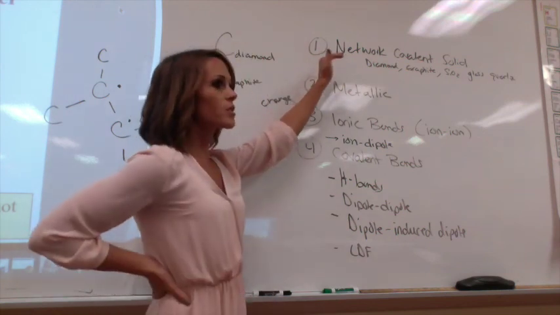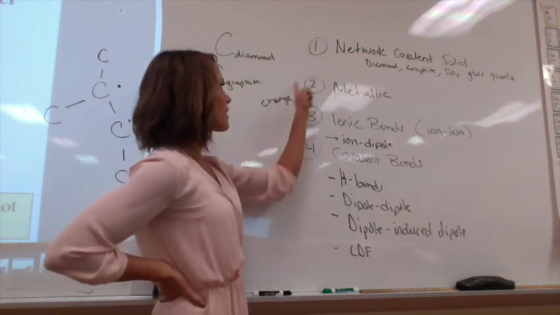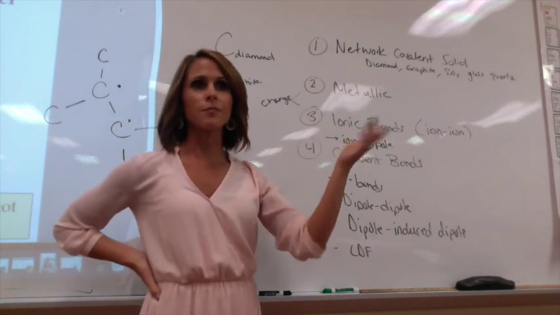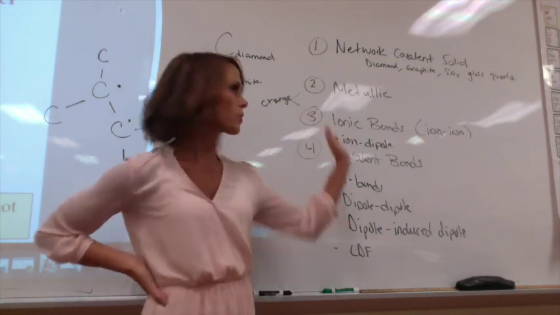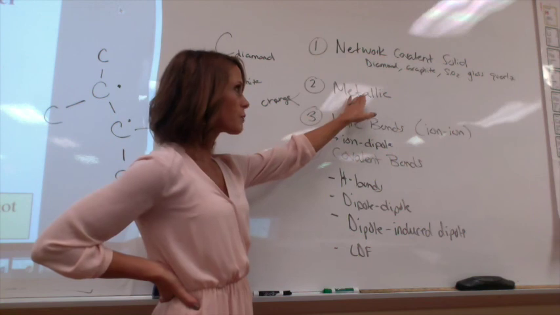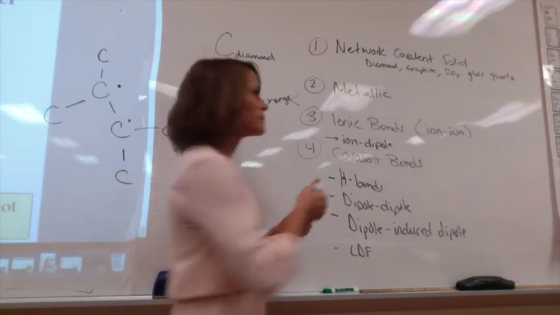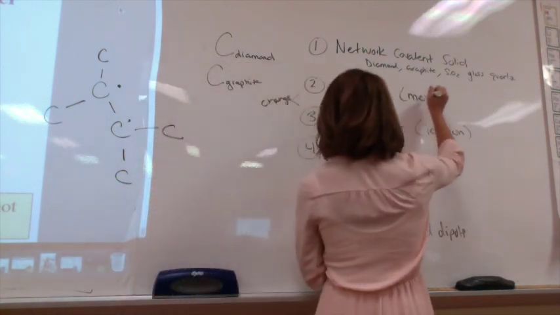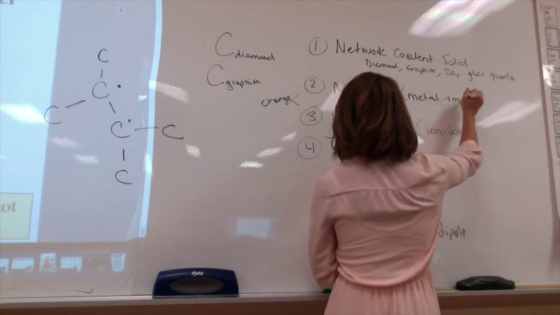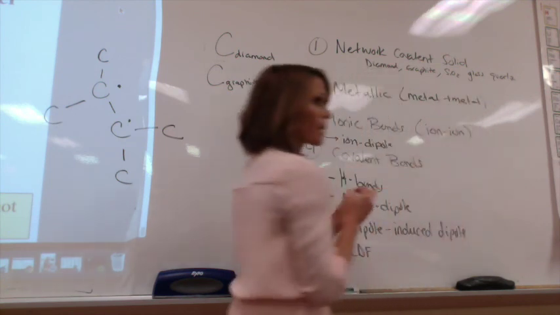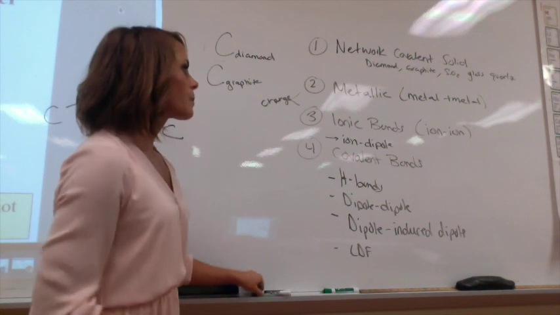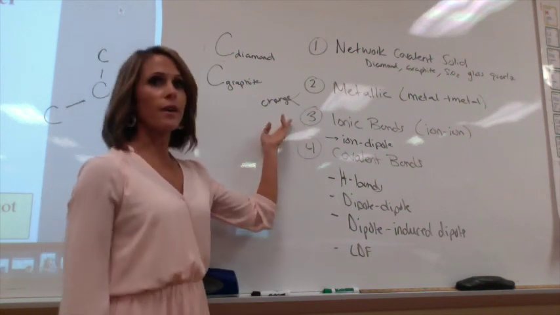Beneath the covalent network solid, I'm going to place the metallic, but realize that these two can change based on the strength of the bonds of either the ionic or the metallic. So for a metallic, you're looking to see that it is a metal and a metal, either a metal by itself or a metal with another metal. Ionic bonds, you know, are non-metal with metal, right?